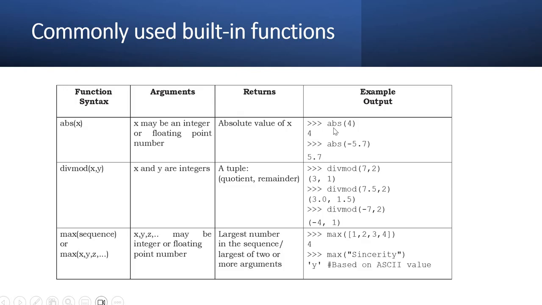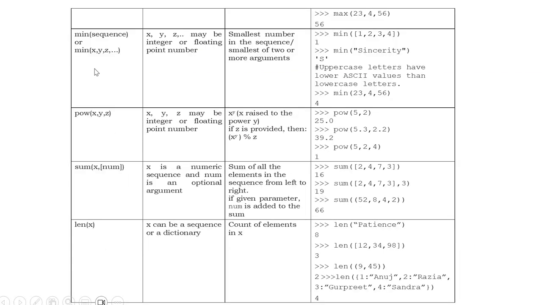What will it return? If you write abs of 4, it will return 4. abs of minus 5.7 means absolute value, so it will give you the positive value of what you provide as input, like 5.7 for minus 5.7. Similarly, if you have a list or tuple and you want to know how many elements are there, you can use len of x.